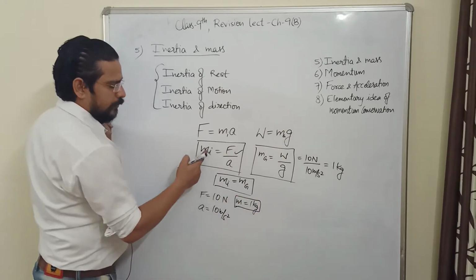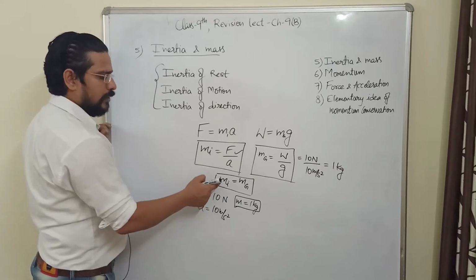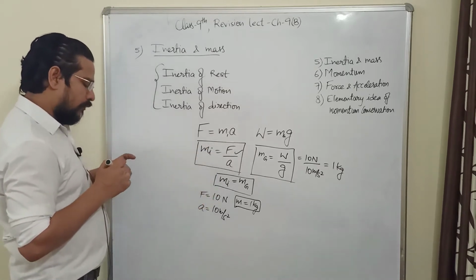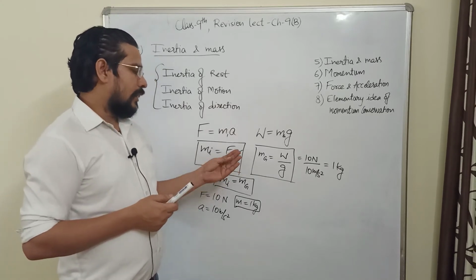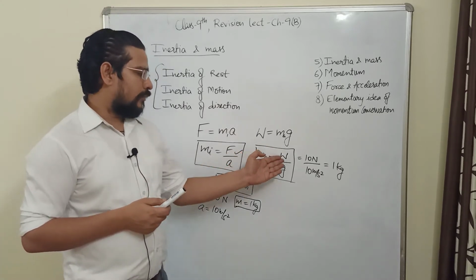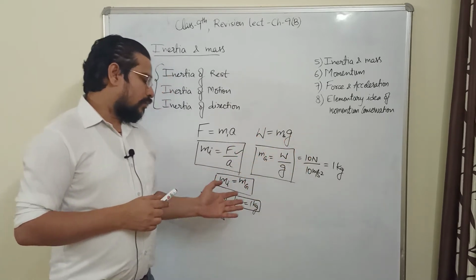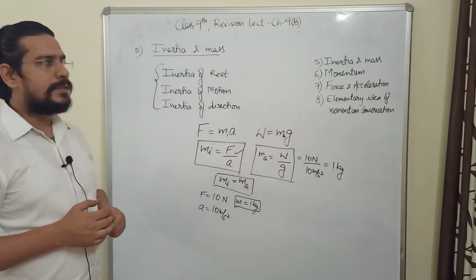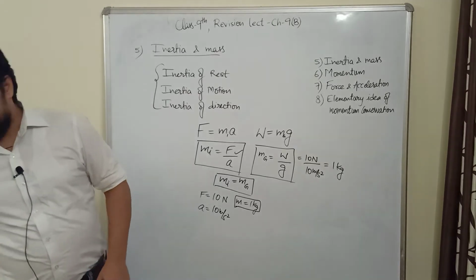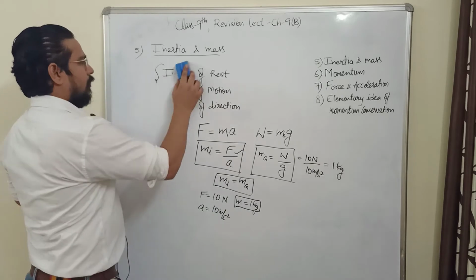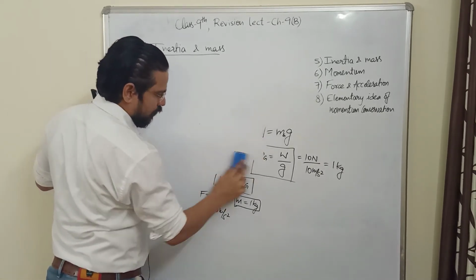If you apply force 1 Newton in space, it will accelerate with 1 meter per second square. So inertial mass is defined as the ratio of force to acceleration, and gravitational mass is also a ratio of weight to acceleration due to gravity, and we found that both the masses are the same.